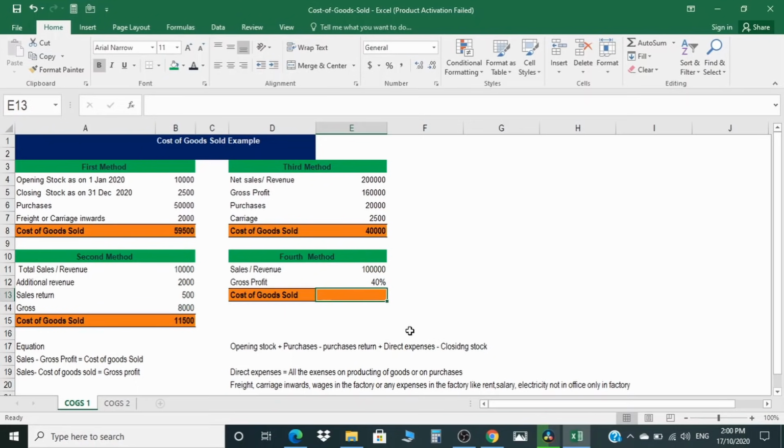We go by the fourth, and here your gross profit is in percentage, not in actual value. So you have to deduct your gross profit to get your cost of goods sold. Minus 40%, which is 40% on sale, so you have to take the actual value of 40%, and you will get your 60,000 cost of goods sold.